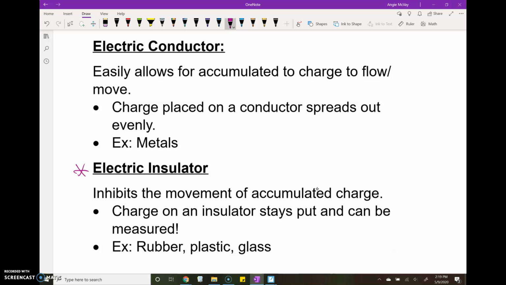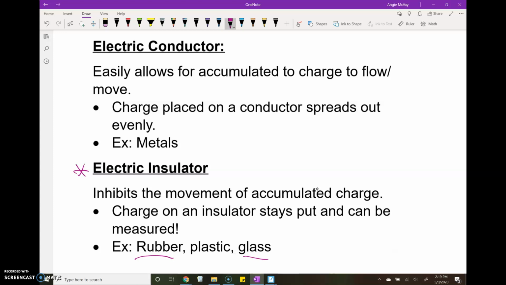You can put charges on that wand, right? I can put charges on that black plastic, and an electric insulator like that plastic or rubber or glass, they inhibit the movement of accumulated charge, right? So what that means is if charge is placed on an insulator, it stays put and can be measured.